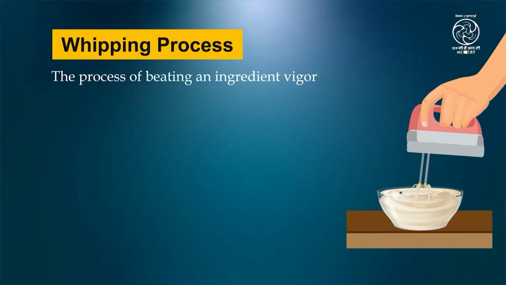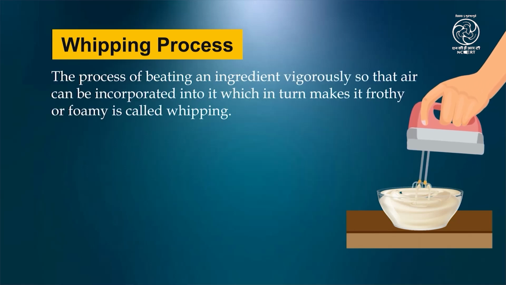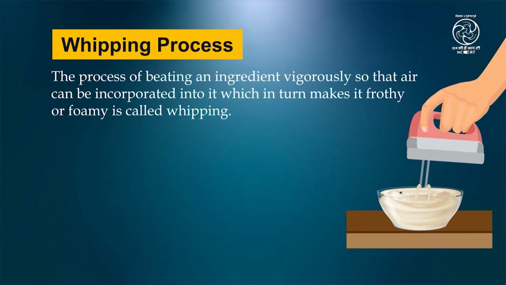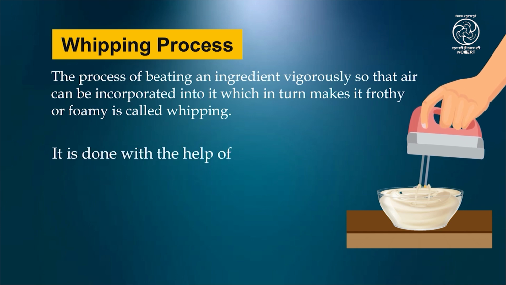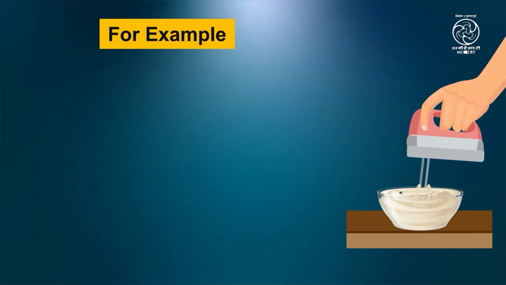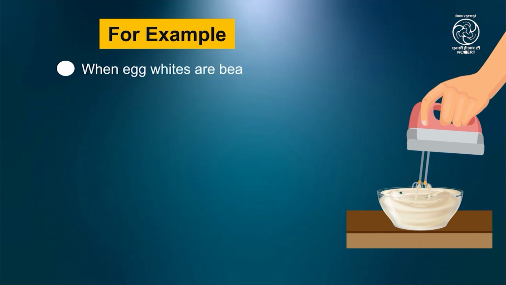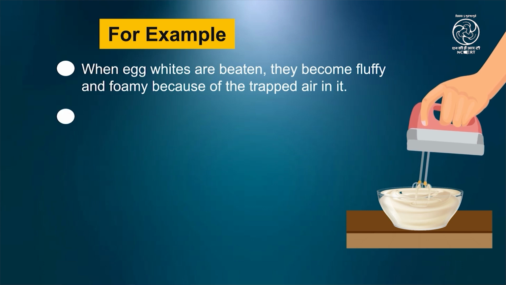Whipping process. The process of beating an ingredient vigorously so that air can be incorporated into it, which in turn makes it frothy or foamy, is called whipping. It is done with the help of a wire whisk, by hand or by machine. For example, when egg whites are beaten, they become fluffy and foamy because of the trapped air in it.